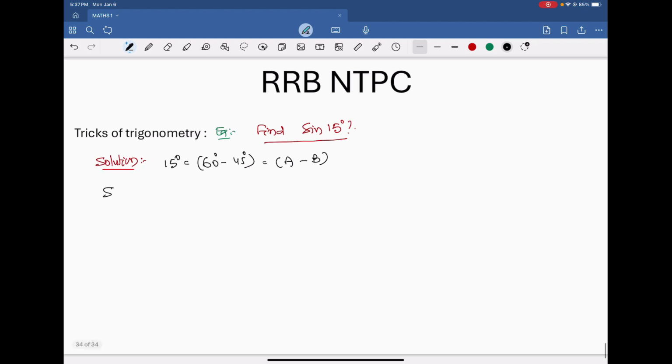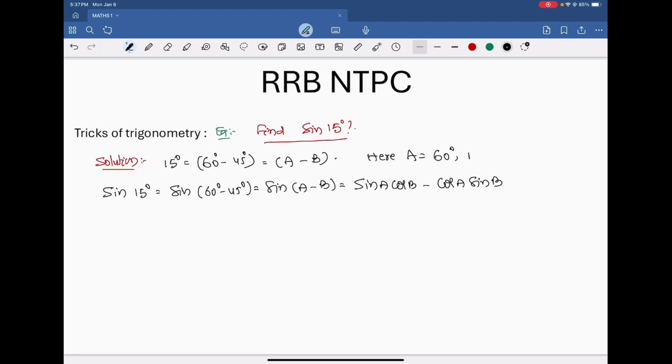We'll use that formula. Sin 15 is equal to sin 60 minus 45. That is equal to sin A minus B. That is equal to sin A cos B minus cos A sin B. That implies, here A is equal to 60 degrees and B is equal to 45 degrees.